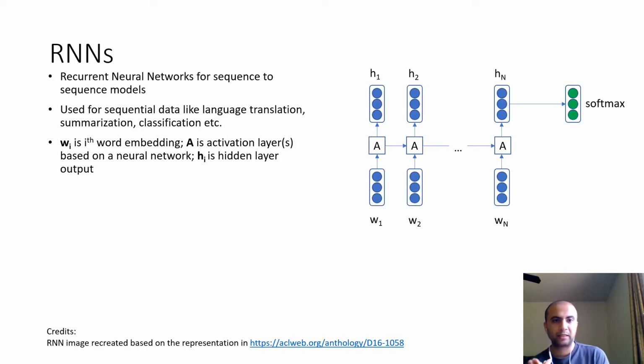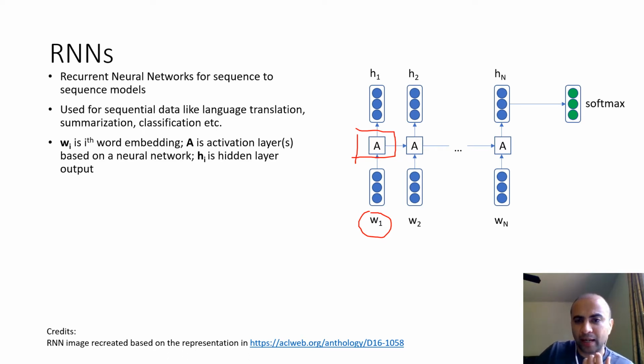So let's look at RNNs. RNNs stand for recurrent neural networks, and these are primarily used in sequence-to-sequence models. For example, if we have a 10-word sentence, each word's encoding embedded vector is passed on to a regular neural network, a single layer, or it can be a deep layer as well, and that produces the hidden layer output, as well as is also passed on to the next activation layer.